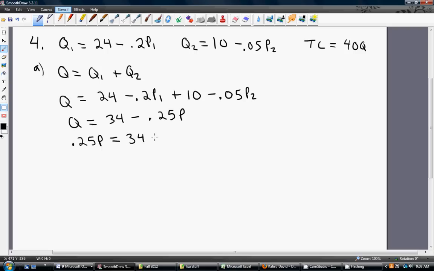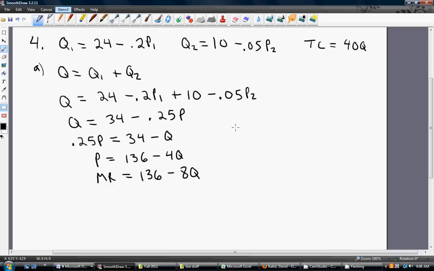The inverse demand will solve dividing through by 0.25. Price equals 136 minus 4Q. Solving for marginal revenue, 136 minus 8Q.